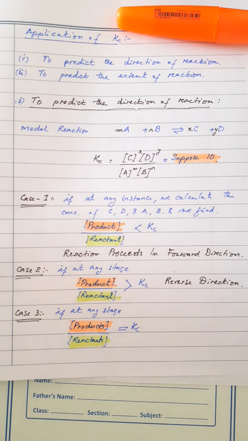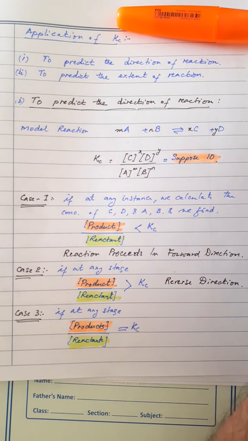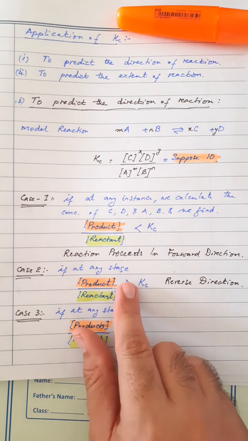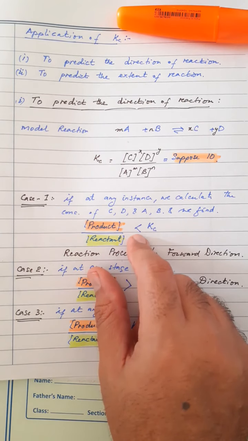As a boss, you go there, and for chemist A, when you take out the product and reactant at this time and divide them, the ratio becomes equal to the Kc of that reaction. For chemist B, it is more than the value of Kc for that reaction. And for chemist C, the ratio is less than the value of Kc.